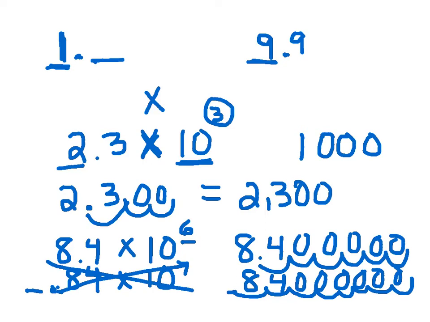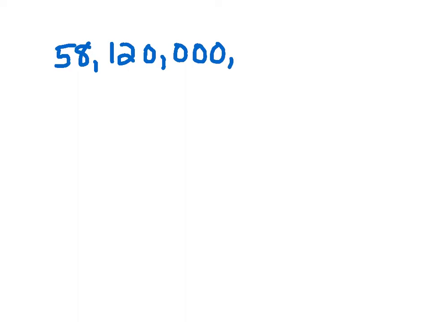If I want to convert a number to scientific notation, I might have the number 58 billion, 500, 120 million, a very big number. Now, where does my decimal point have to go? Right here, because there needs to be one digit to the left, so I know my scientific notation will be 5.8.